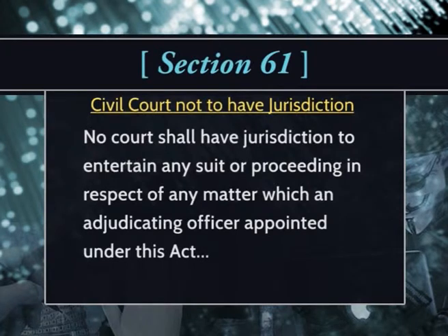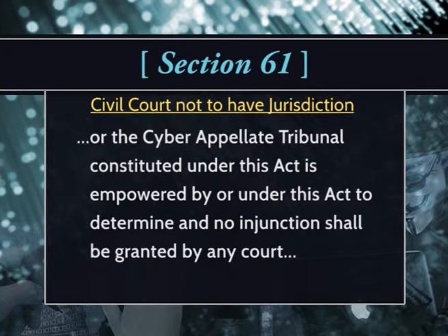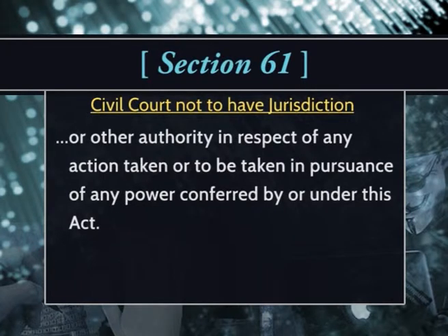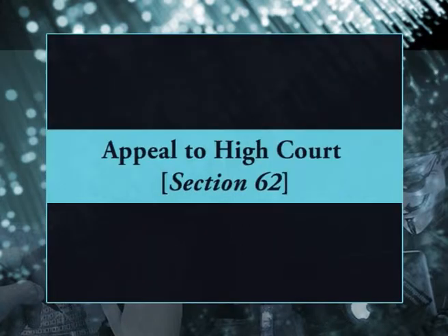No court shall have jurisdiction to entertain any suit or proceeding in respect of any matter which an adjudicating officer appointed under this Act or the Cyber Appellate Tribunal constituted under this Act is empowered by or under this Act to determine, and no injunction shall be granted by any court or other authority in respect of any action taken or to be taken in pursuance of any power conferred by or under this Act.